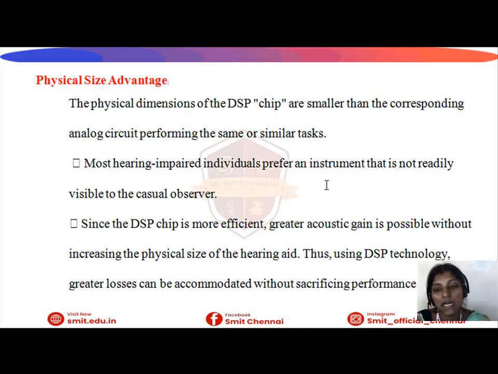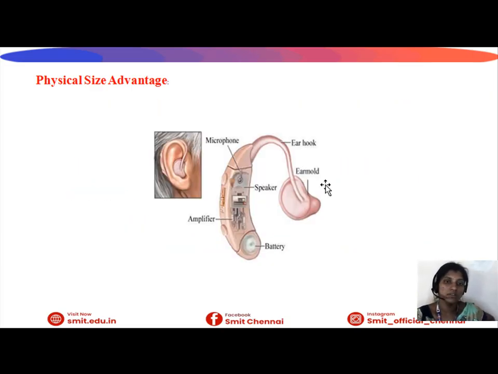Greater acoustic gain is possible without increasing the physical size of the hearing aid. Thus with DSP technology, greater losses can be accommodated without sacrificing performance. This is the physical size of a hearing aid which uses the DSP processor system.